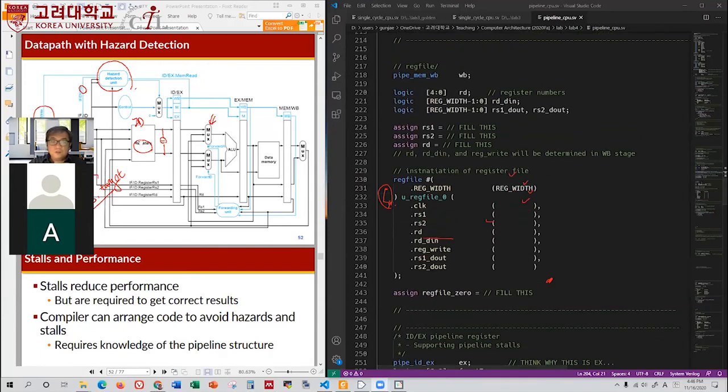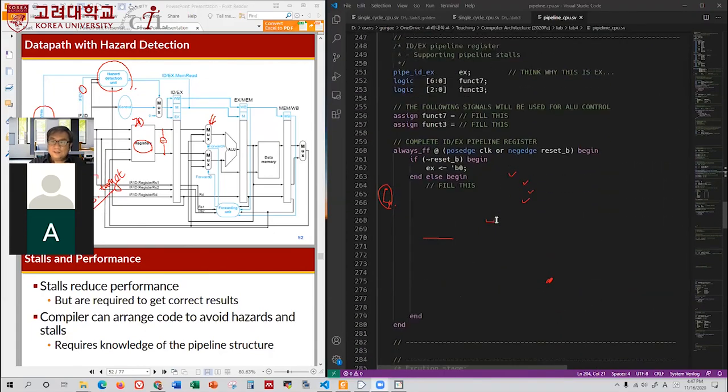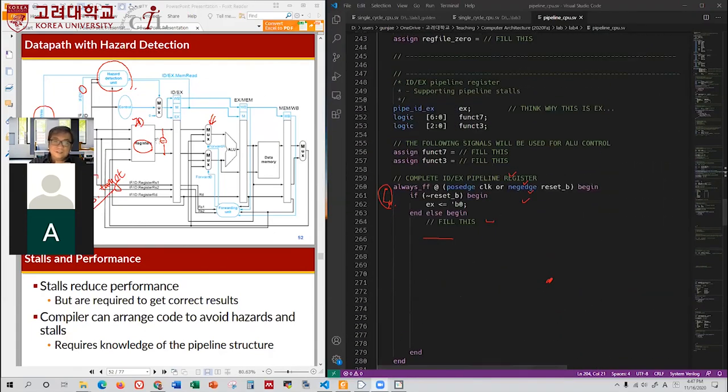And then also you can find the register file in the ID stage. So here, and then it's this pipeline register file.